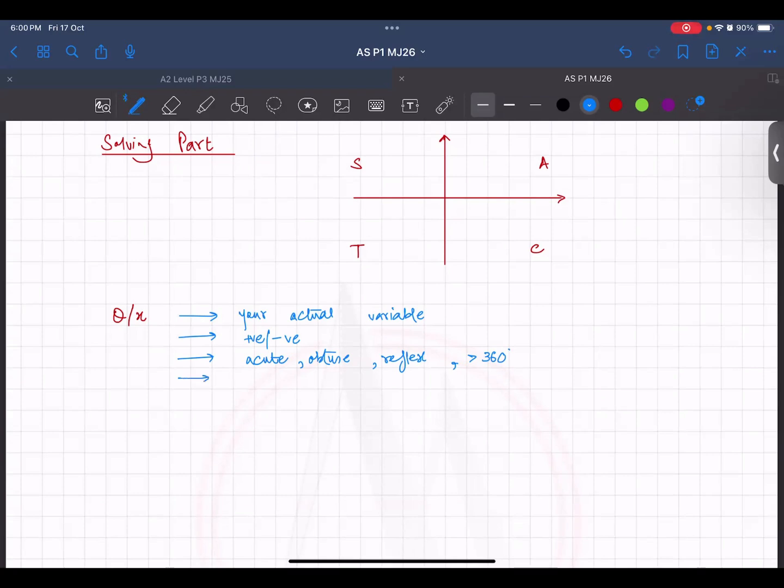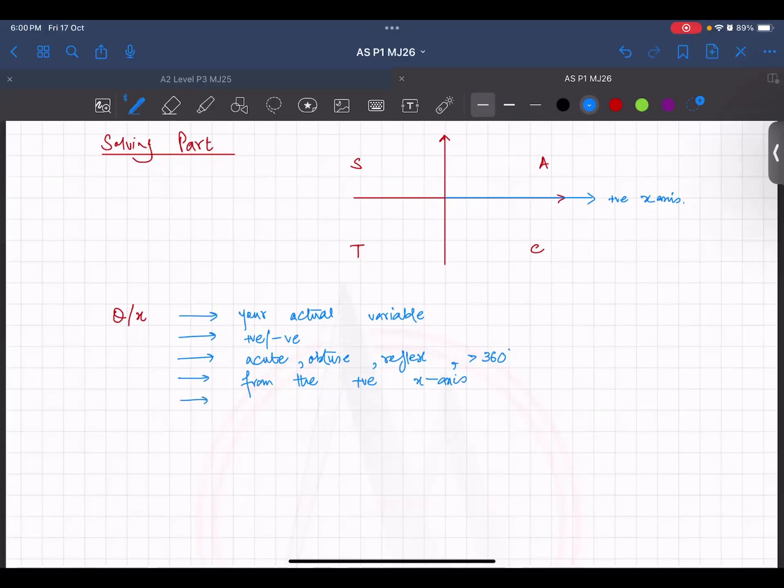Then this theta will always be measured from the positive x-axis, which is this one. So your theta will always start from the positive x-axis.